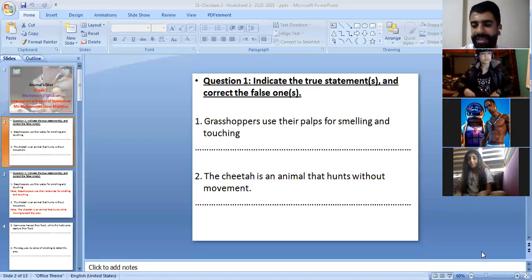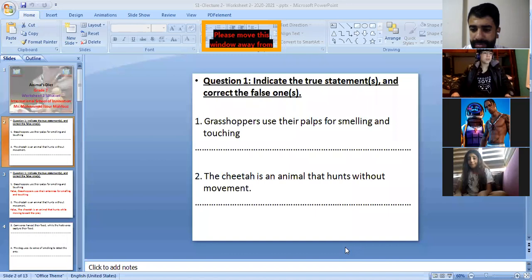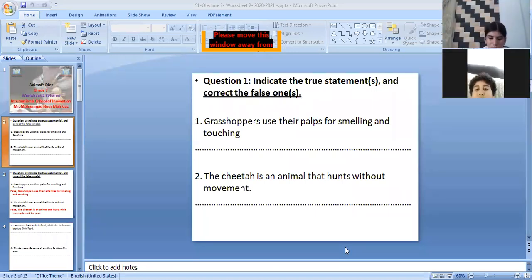What do you think, Razan? Thank you, Hassan. Is this correct, what Hassan said? Razan, do you hear me? Razan is not hearing me. Let's move now to Adam. Adam, Hassan said that the grasshoppers use their palps for touching only.